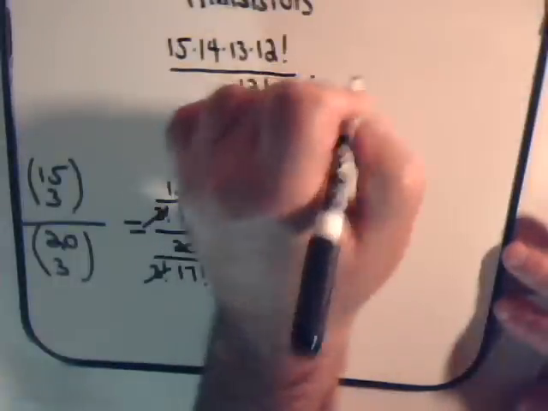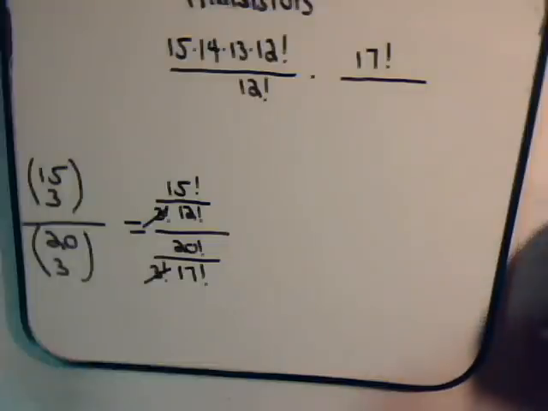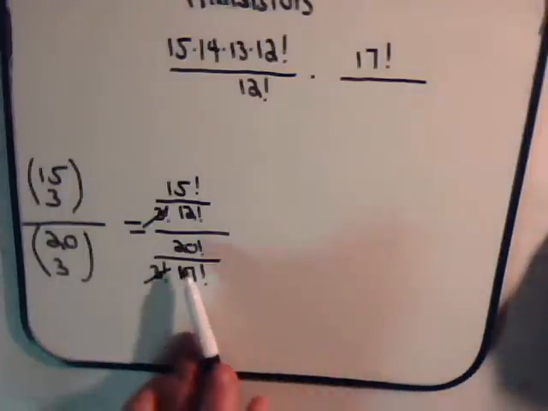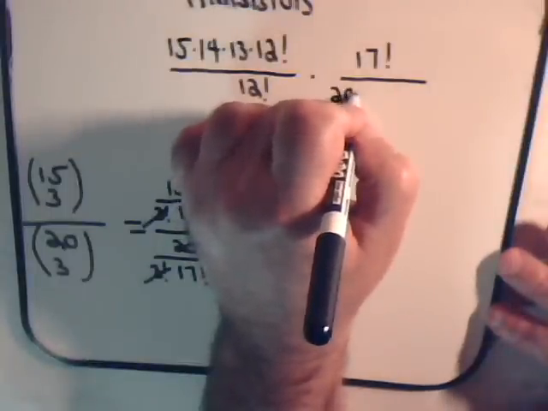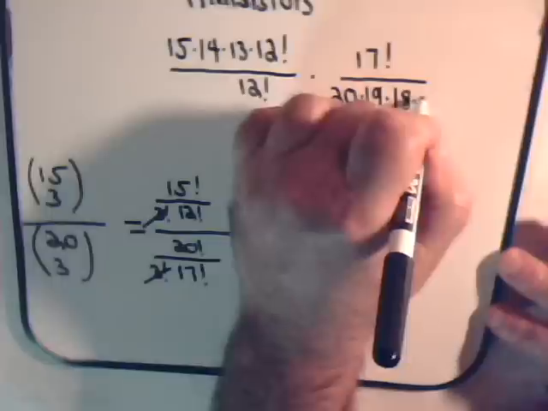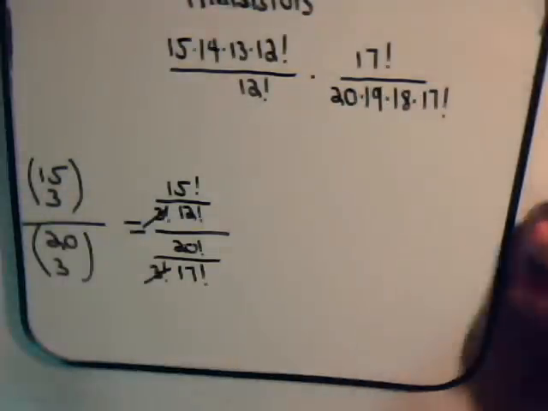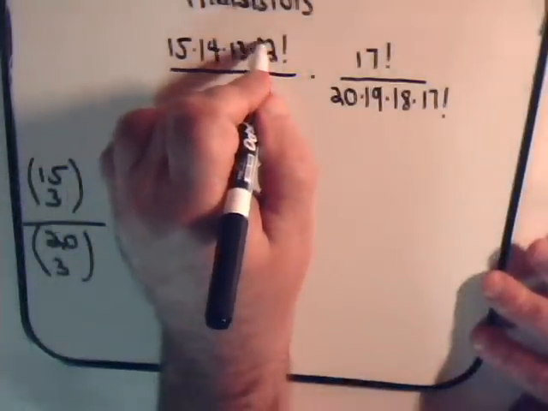Then we'll multiply this expression by 17 factorial over 20 factorial. So we have times 17 factorial, inverse and multiply, divided by 20 factorial. And that's 20 times 19 times 18 times 17 factorial. That's 20 factorial. So this cancels.